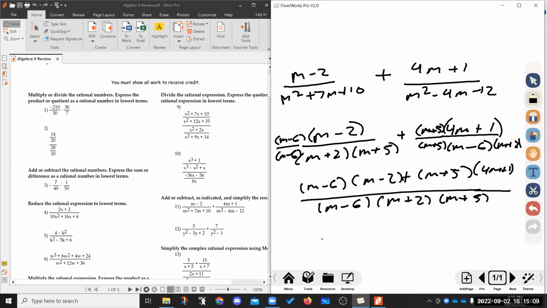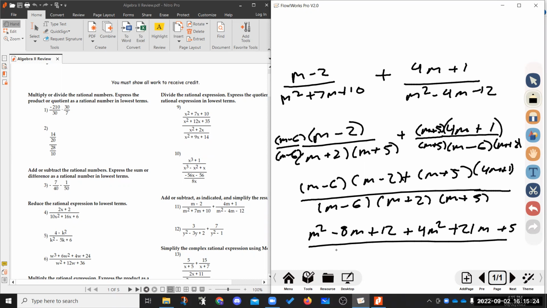My numerator is going to be m squared minus 8m plus 12 plus 4m squared plus 21m plus 5 over m minus 6, m plus 2, m plus 5.